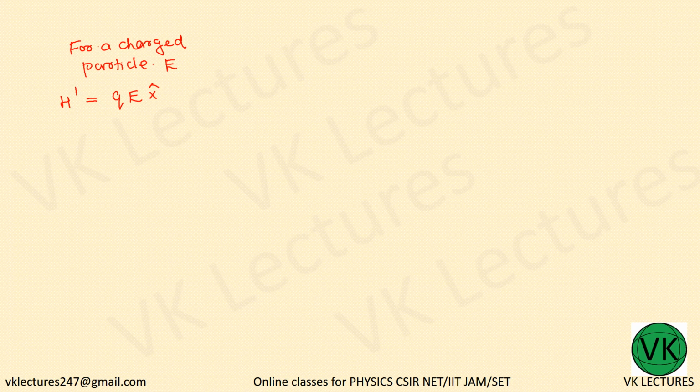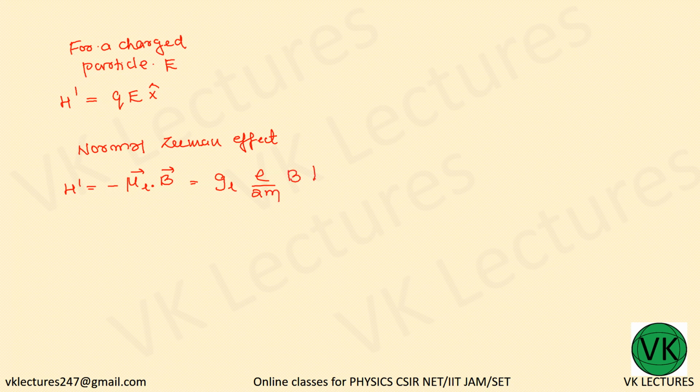Now for the normal Zeeman effect, H' is equal to minus μL dot B, so that's equal to (GL e / 2m) B Lz.